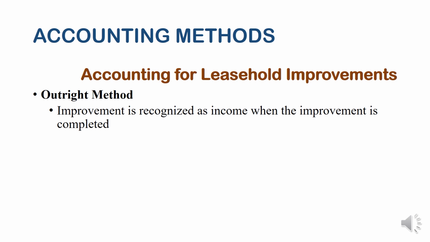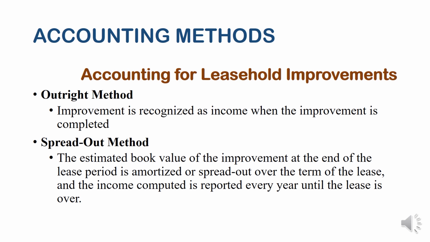Okay, the second method is the spread out method. In this method, the estimated book value of the improvement at the end of the lease period is amortized or spread out over the term of the lease, and the income computed is reported every year until the lease is over.